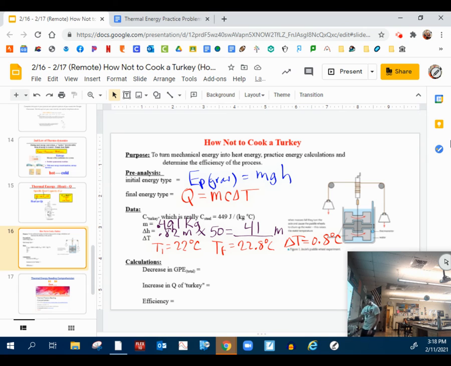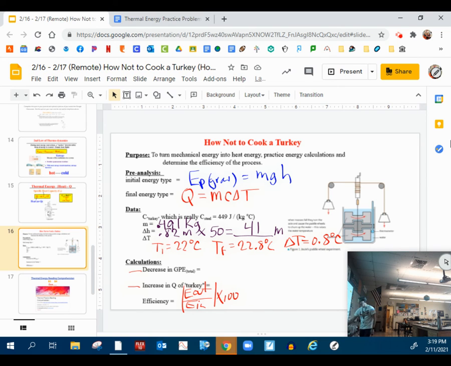So what I want you guys to do is go ahead and calculate your gravitational potential energy, calculate your increase of Q for the turkey based on the equations, and now your efficiency is your energy output over your energy input as an absolute value times 100. And in this case, your energy output is going to be your gravitational potential energy.